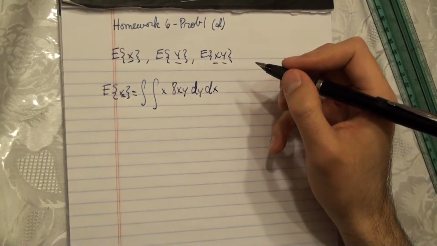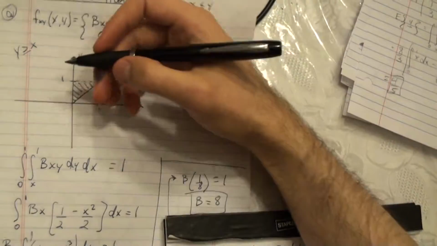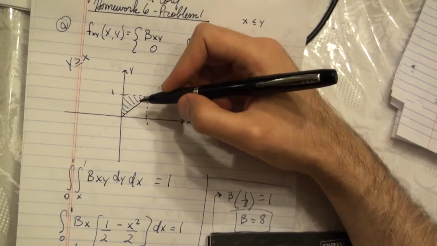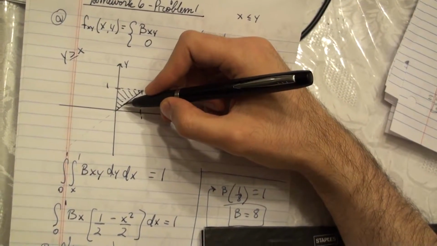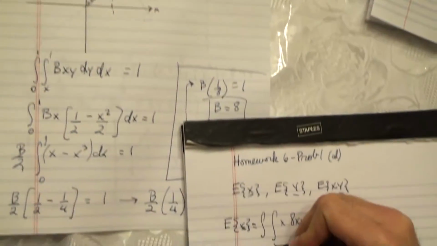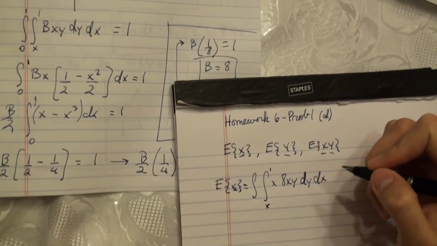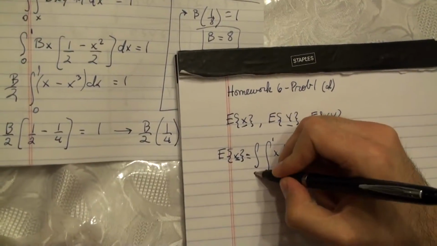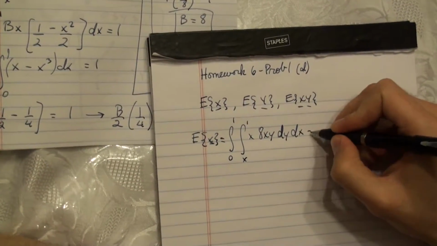If you recall from part, let me find the part now. We have part B, part C, part A. We have the figure here. So y is going to go from x to 1. And then x is going to go from 0 to 1. So now we just evaluate the integral.